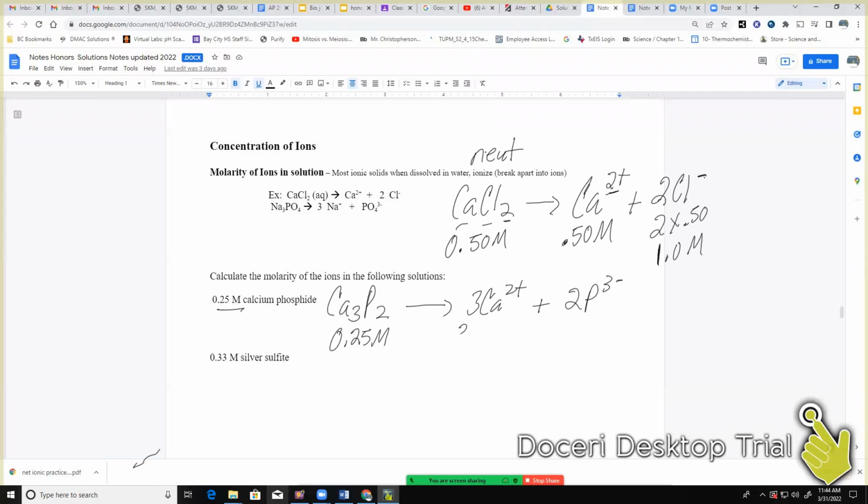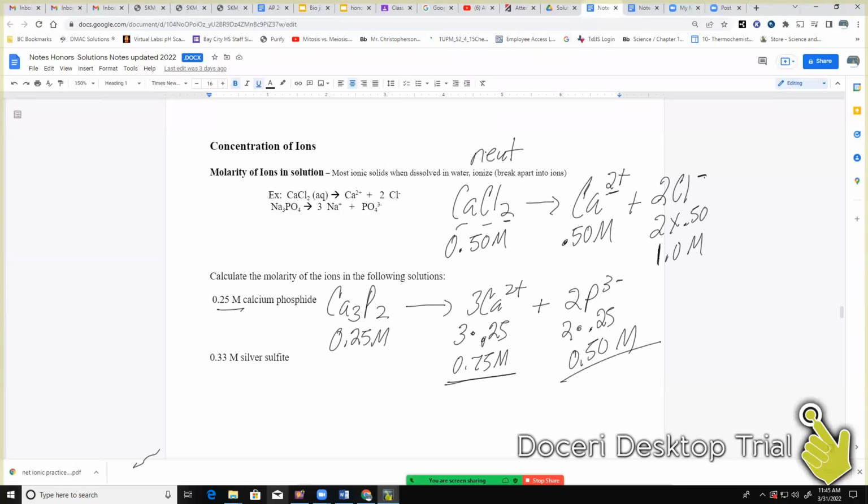So my calcium is going to be 3 times 0.25 or 0.75 molar. And my phosphide is going to be 2 times 0.25 or 0.50 molar. Anybody have any questions on that?